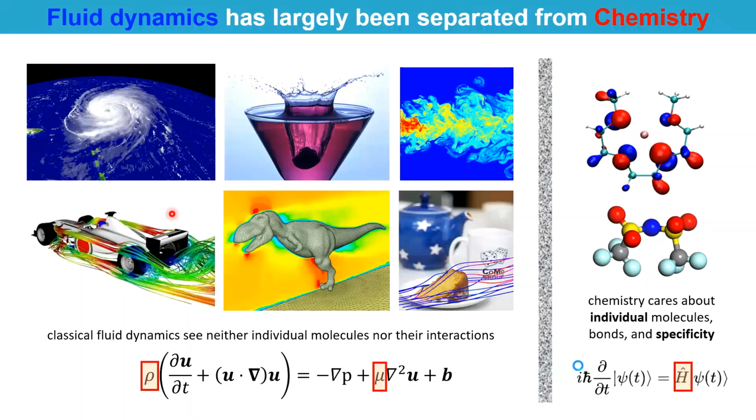However, in the past decade or so, a lot of progress has been made in engineering practice that has significantly pushed the envelope of fluid dynamics. This has forced us to take a look at the traditional paradigm where fluid dynamics is segregated from chemistry. So in a series of videos, we would like to explore the role of chemistry in fluid dynamics.